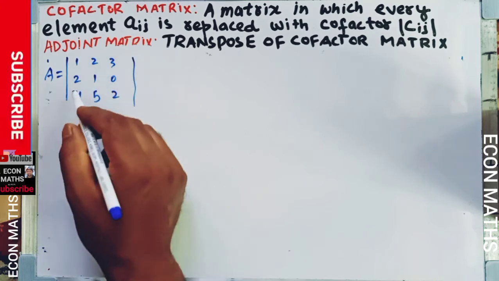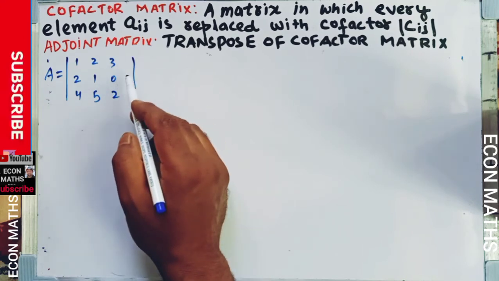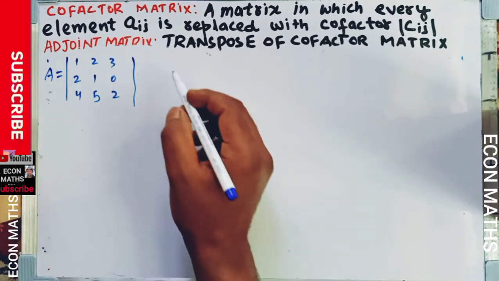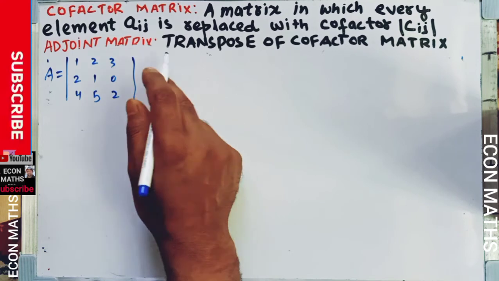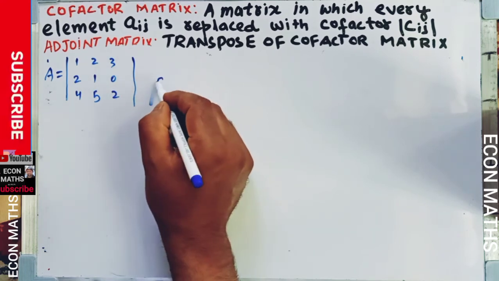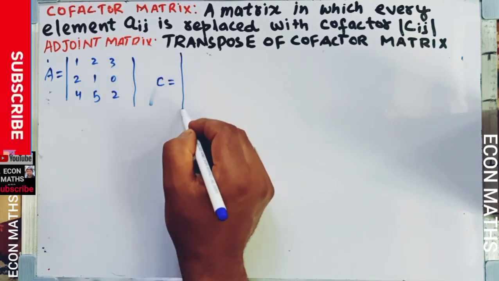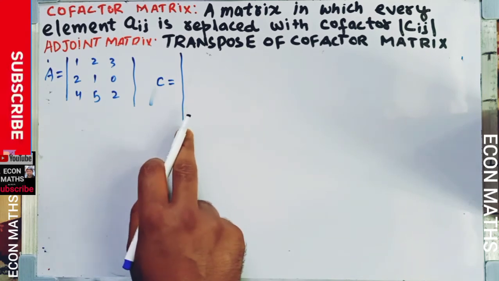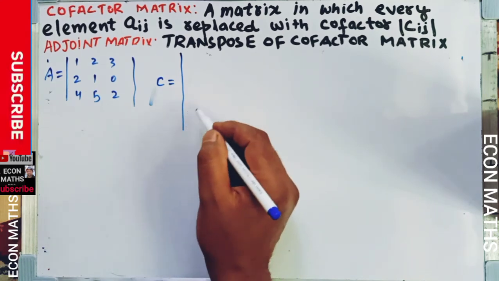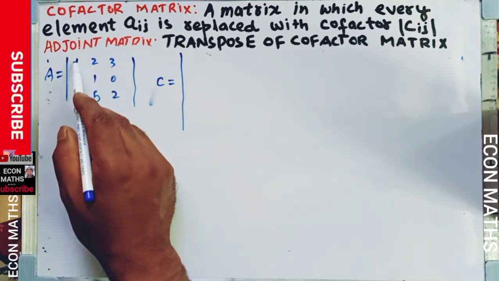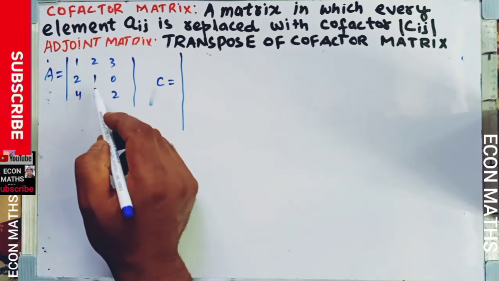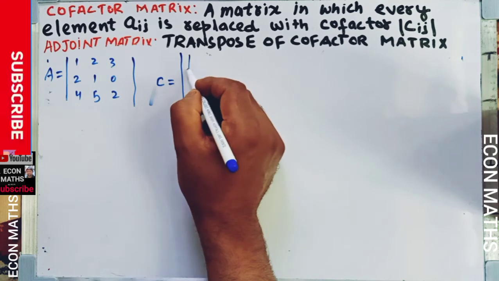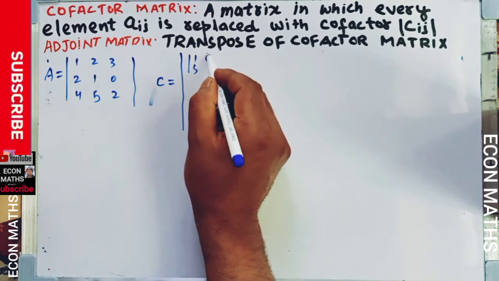Now the adjoint of this matrix, as we have seen, is given by the cofactor matrix C. The cofactor of the first element: delete its row and column, and we get 1 0, 5 2. So I will write 1 0 5 2.